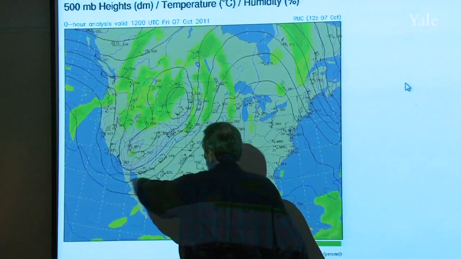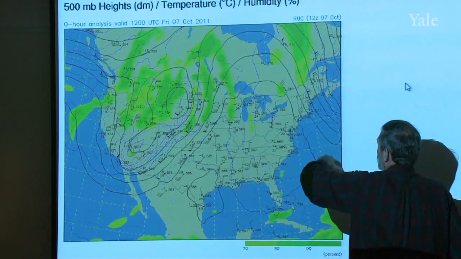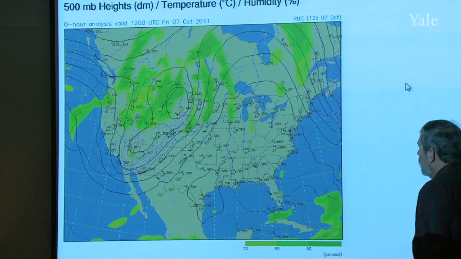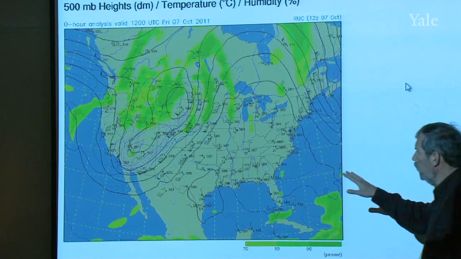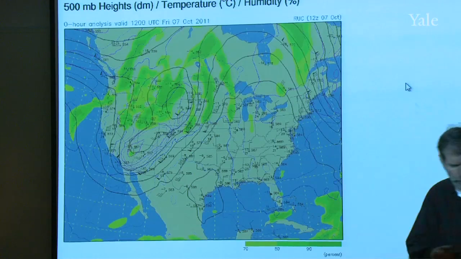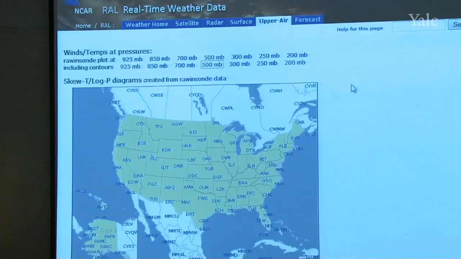This is a big trough in the west coast, a big ridge on the east coast, and then another cyclone moving away to the east. And this would be the starting point for integrations forward in time. And then if we go back, we can see what the forecast is going to be. I'll click on the forecast tab up here.